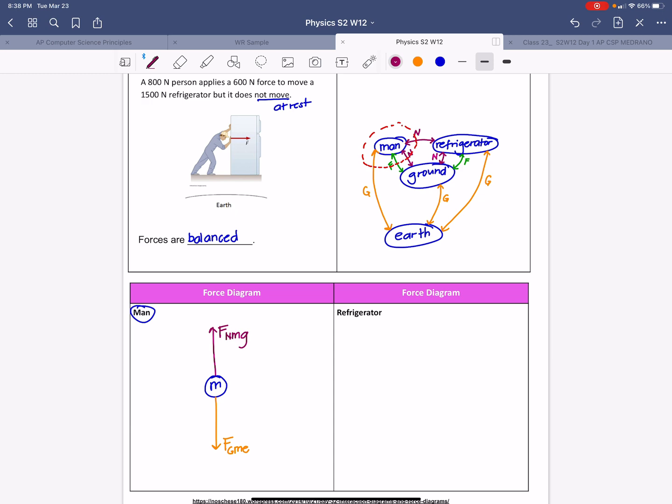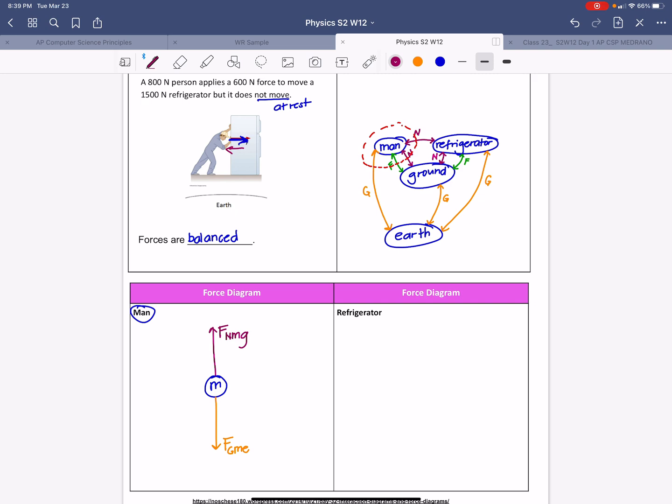Now we are going to look at in what direction the refrigerator is pushing on the man, right? So we're not asking which direction the man is pushing. We see that the man is pushing in this direction, but the refrigerator is pushing back on him.